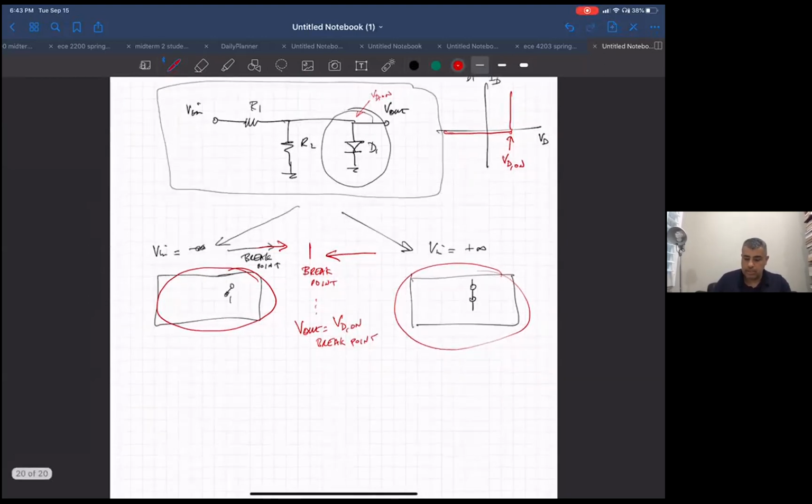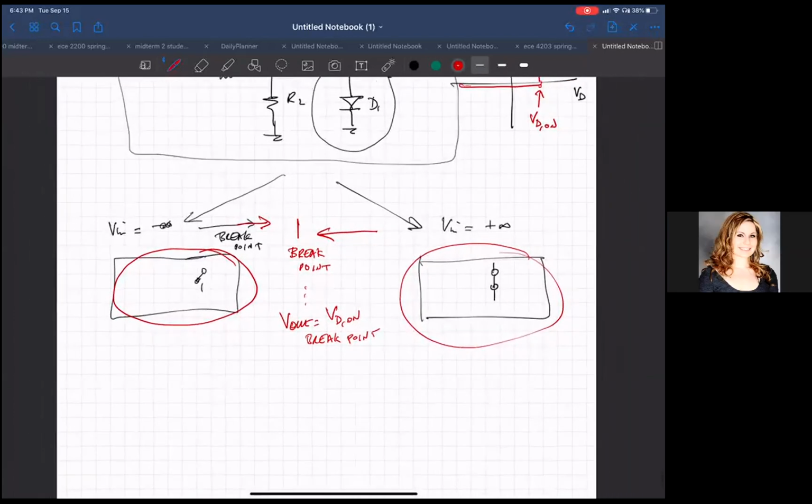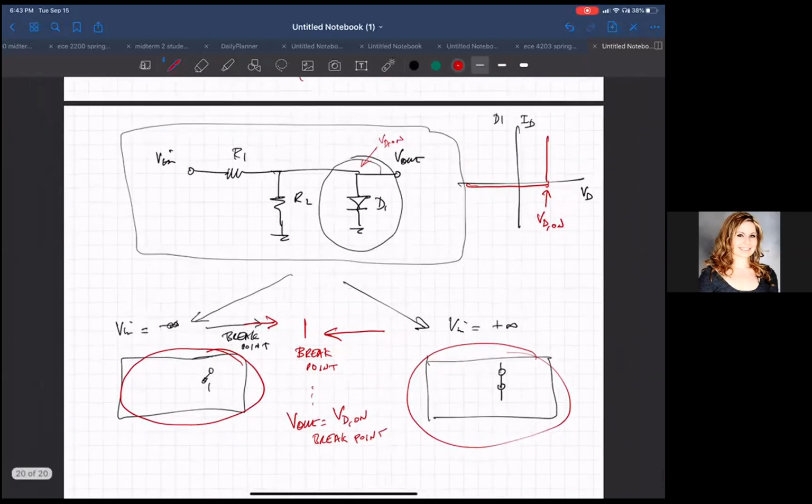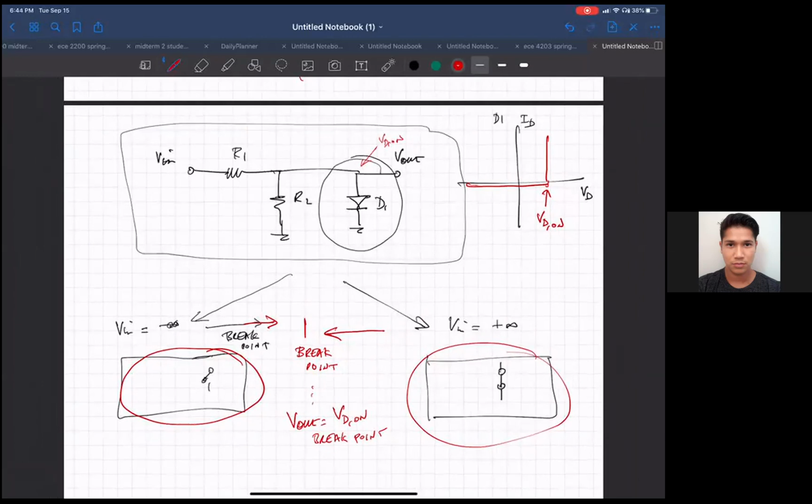Okay, so Amber, you got that so far? Yes, thank you. Professor, I'm sorry to interrupt. Sure, go ahead. So the breakpoint is kind of like the intersection point, right, that we find in algebra when we equate two equations to find the point at which both functions cross each other?